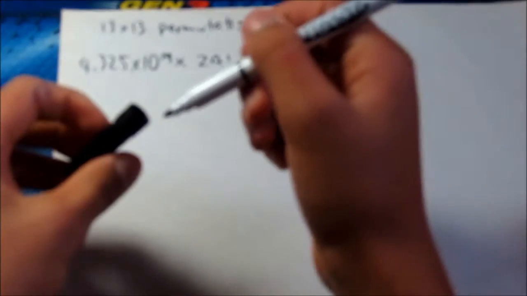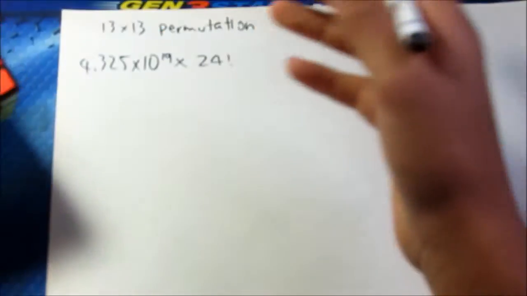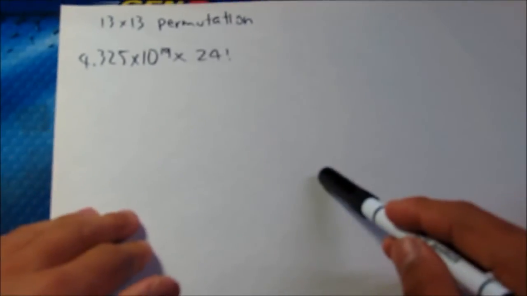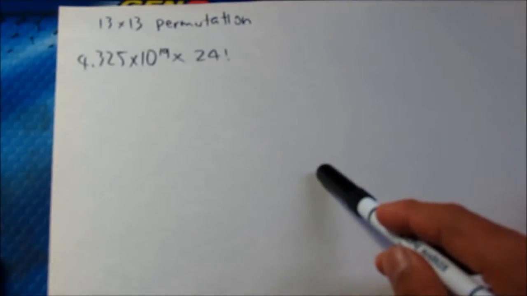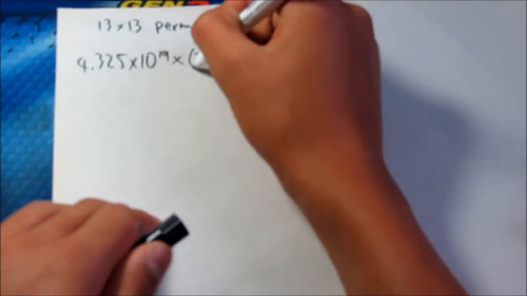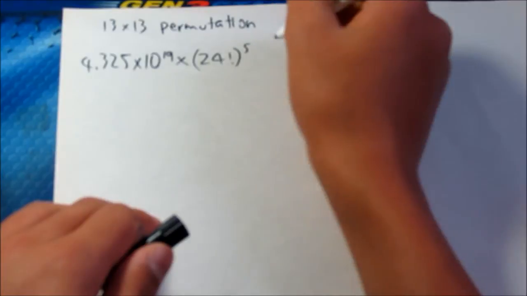On 13x13, there is 5 pairs. Basically on 13x13, there's the middle edges, so that's 12. There's 2 corners, so there's 10, so there's 5 pairs. Take that to the power 5.